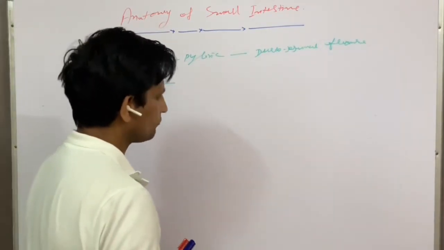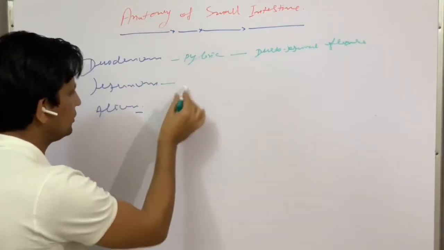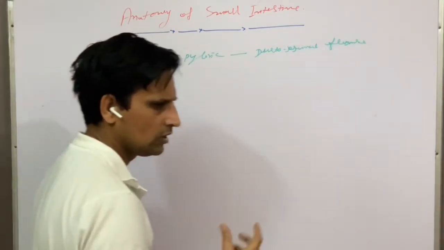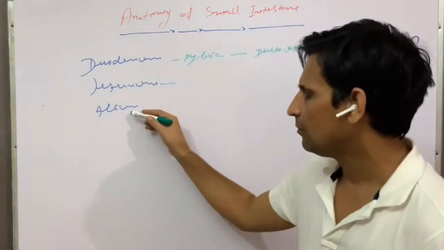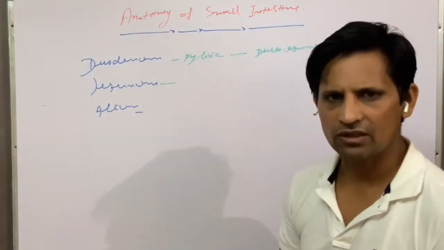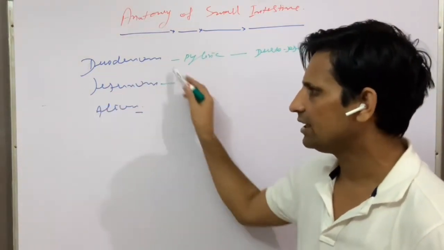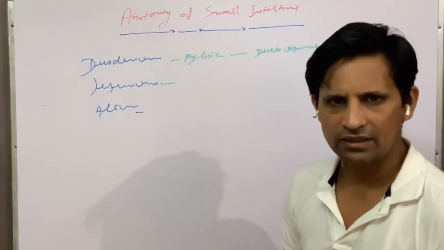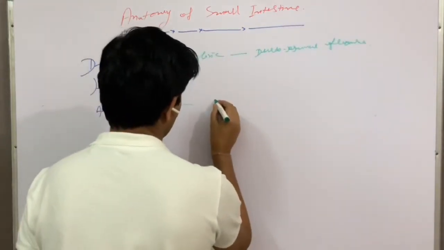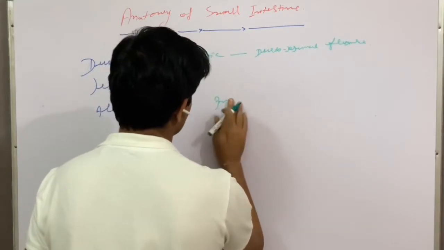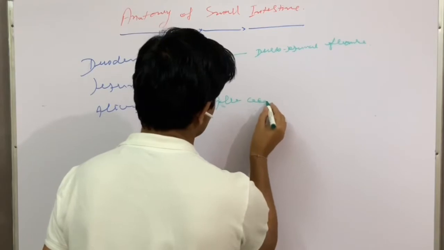There is not any clear demarcation between the jejunum and the ileum, but there are some basic structures in the wall which differentiate the ileum from the jejunum. This portion ends at the ileocecal junction.